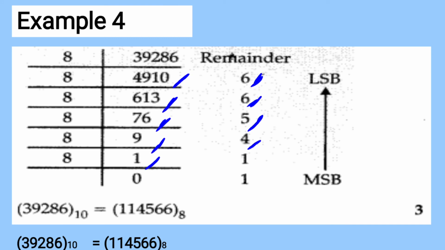Next 8 ones are 8, remainder is 1, and this 1 is written down as it is. Finally, going from the bottom to top, the answer will be 1 1 4 7 6 6. That is the octal equivalent of this.